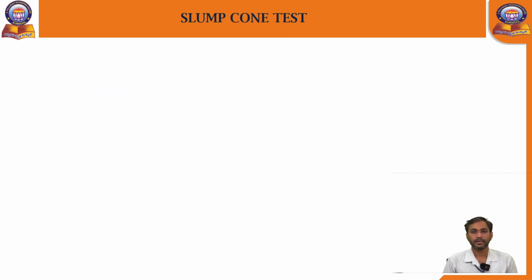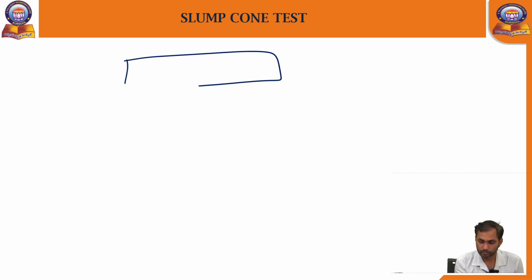Next, the first one, to measure the workability of fresh concrete, we have to conduct the slump cone test. For any type of test you are going to conduct, the first thing you have to do is the manufacture of concrete.